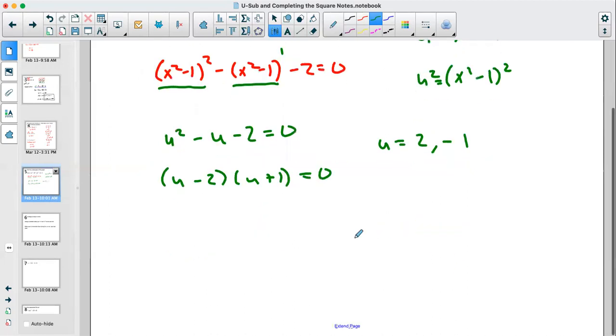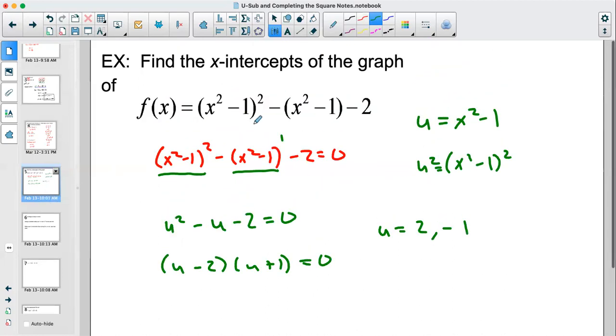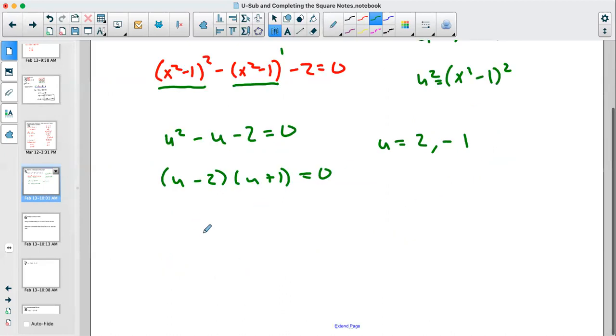And again, I'm not done yet, because they wanted me to tell them what x's make this equation true, and my answer is in u's. So I set each one of these equal to x squared minus 1 and solve for x. I get two possibilities: either x squared minus 1 is 2, or x squared minus 1 is -1.